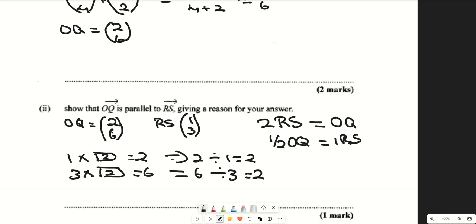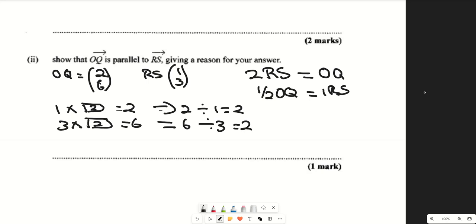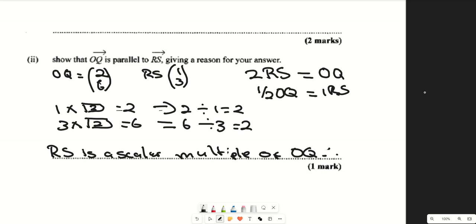So because of that, they said give reason for your answer. So yes, you can show this working, but you need to say that RS is a scalar multiple of OQ, therefore RS and OQ are parallel.